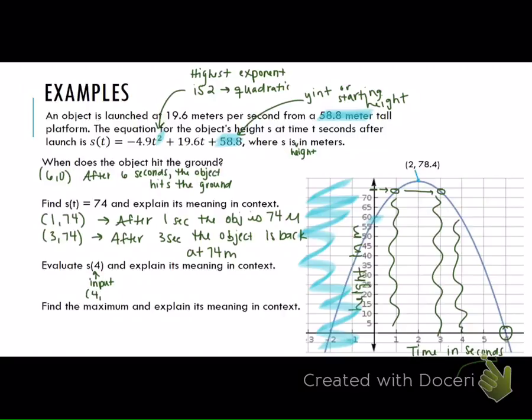It's going to be a decimal here. About 59.6. So after 4 seconds, our object is about 59 meters.